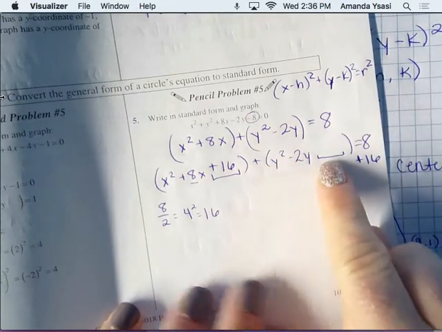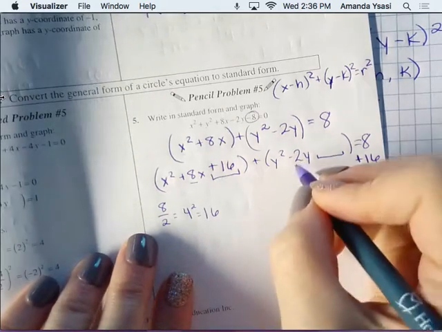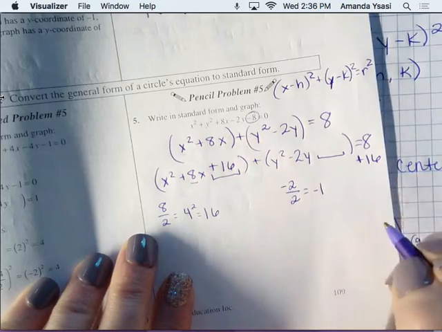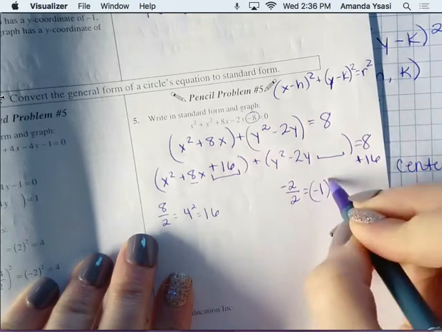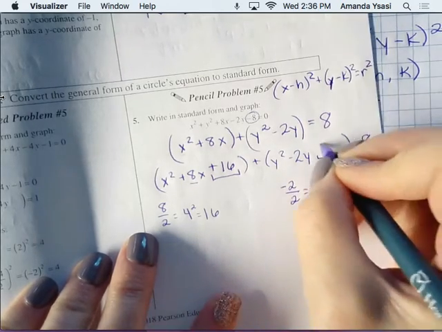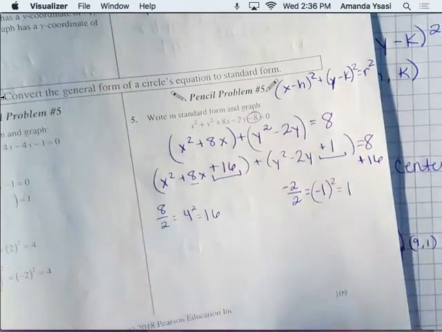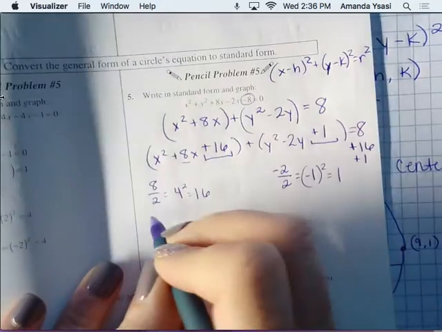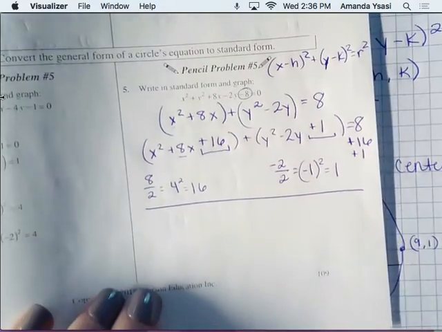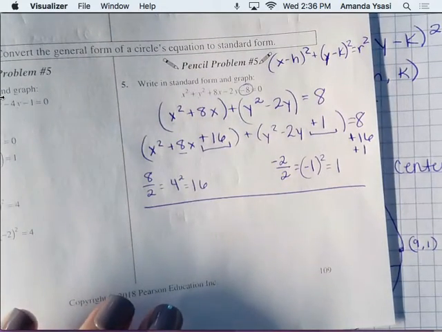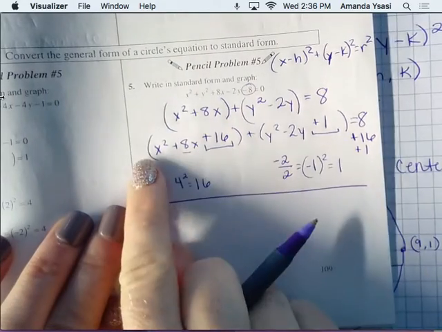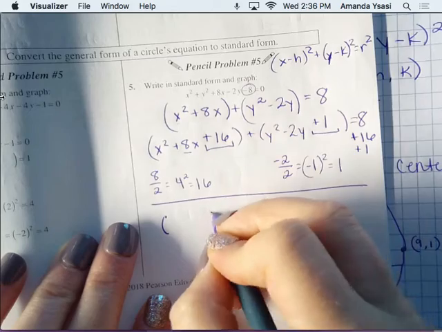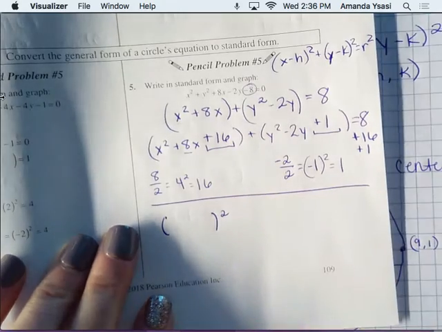And then this problem, I do the same thing, b divided by 2 and then square it. So I need to add 1. So now I need to rewrite it. Since I added 16, I can now write it as a perfect square.